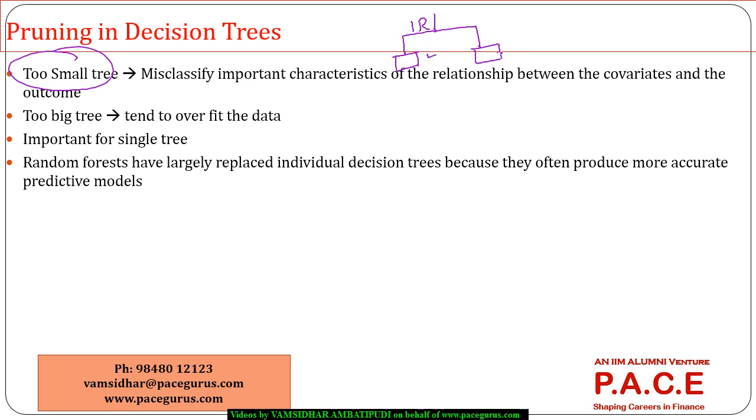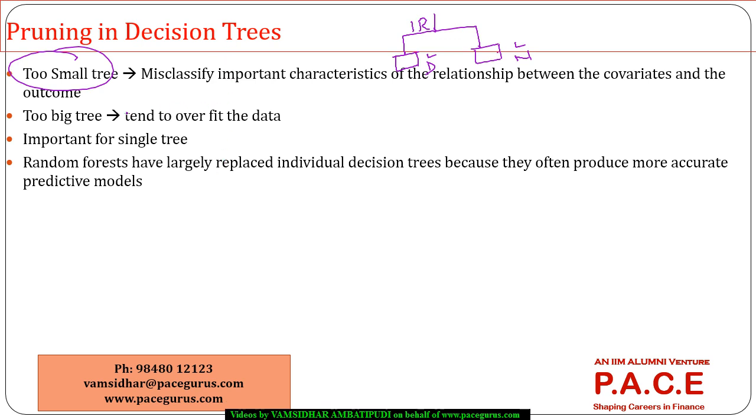These would be the leaf nodes: this might be default, this might be no default, which means only one single variable is influencing default versus non-default. So there is a possibility of misclassification of the important characteristics. There could be various other attributes impacting the default, but here only one single attribute is considered, which means a lot of other attributes which could influence your decision variable typically get ignored.